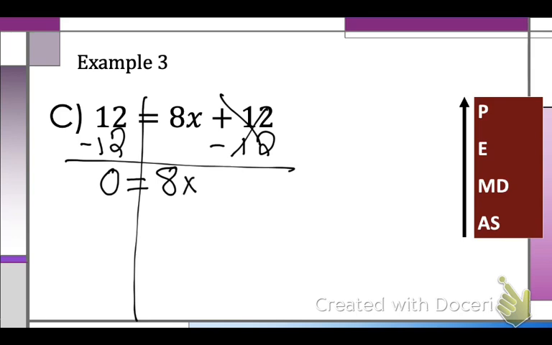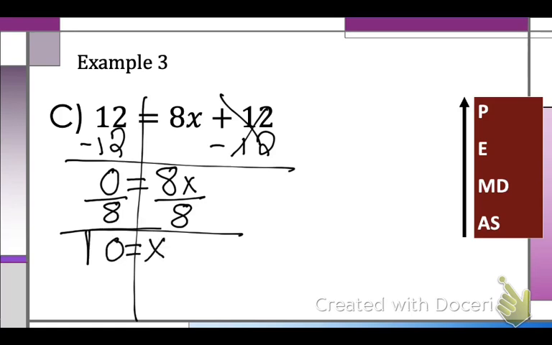Then I undo the multiplying or dividing. So this is multiplying, so I undo it by dividing. Zero divided by anything is 0. So 0 equals x. And again, it is okay to have 0 equaling x because 0 is also a number.